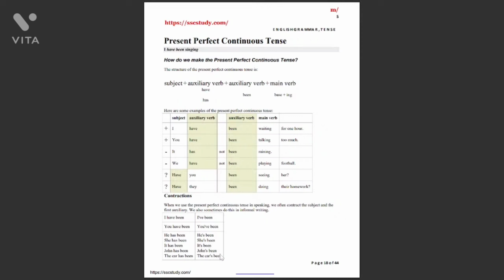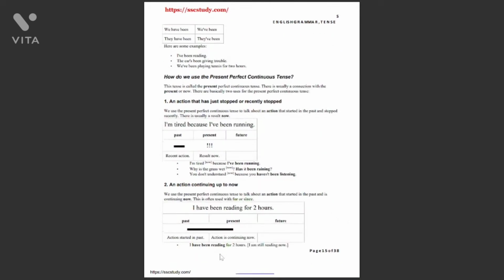So this is the variation, and from the written formation we make the contraction. Next, we have been, they have been. So I have been reading, the car has been giving trouble, we have been playing tennis for 2 hours.